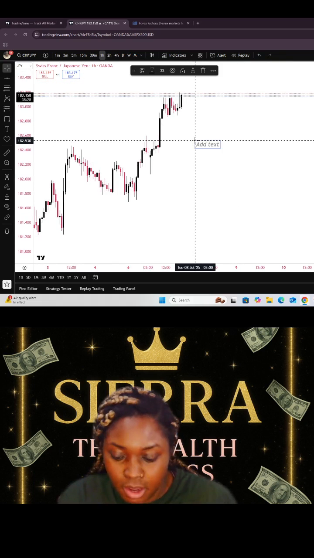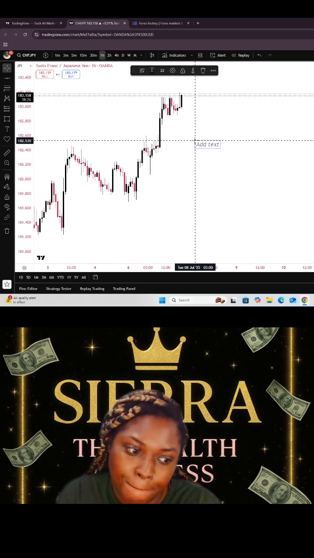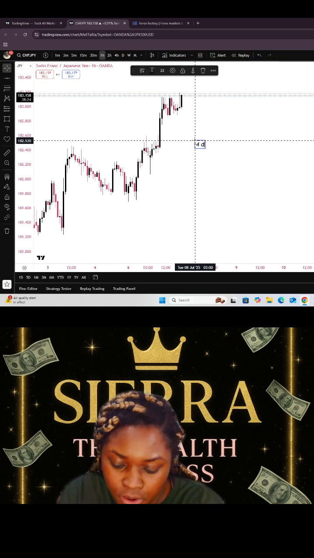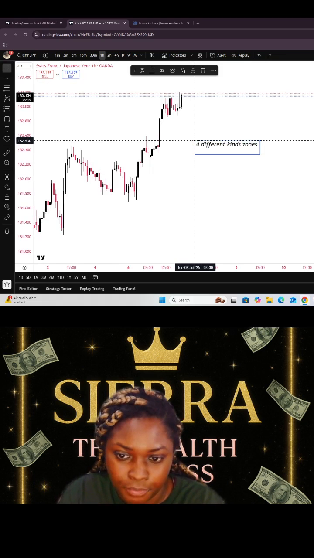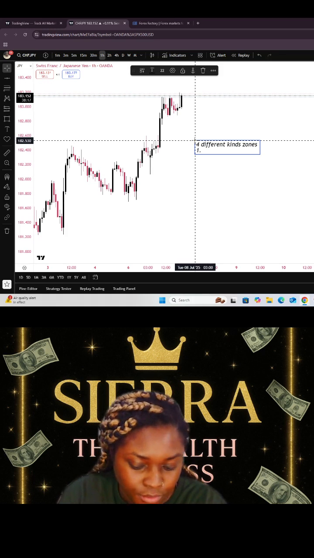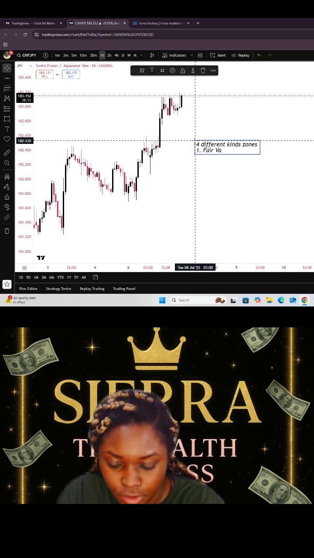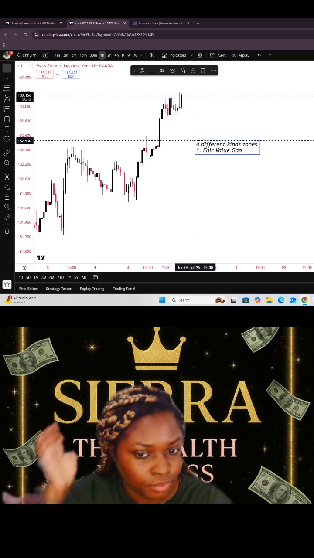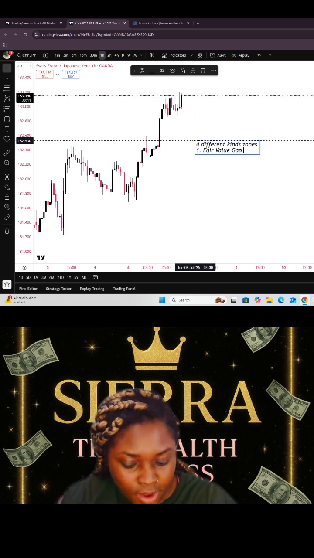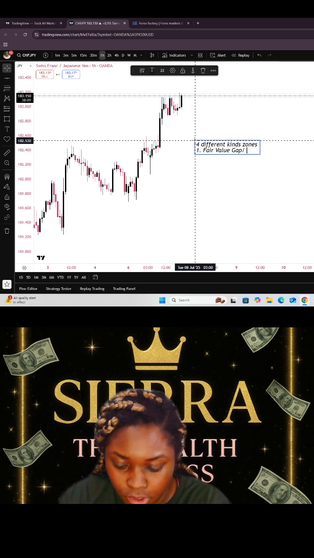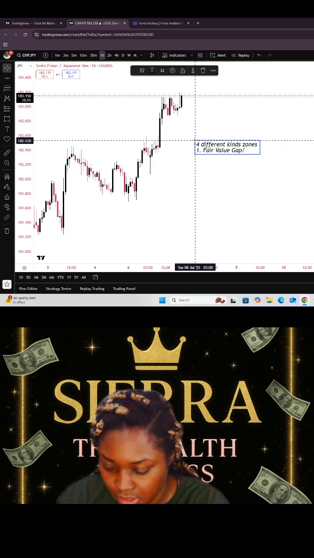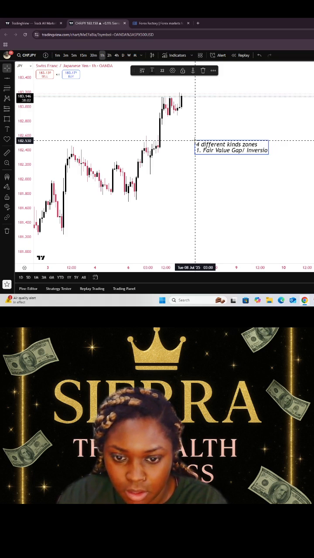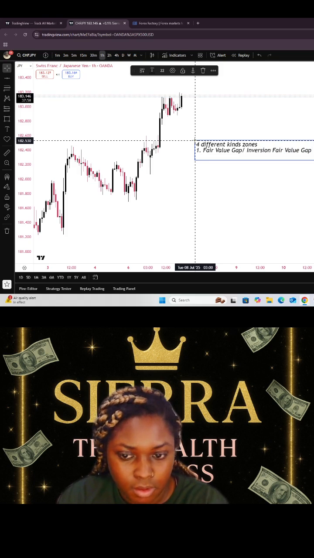So in trading, there are 4 different kinds of zones that you can mark up, okay? The first zone is called a fair value gap, also known as an inversion. All right.